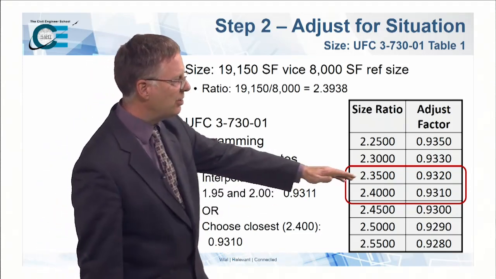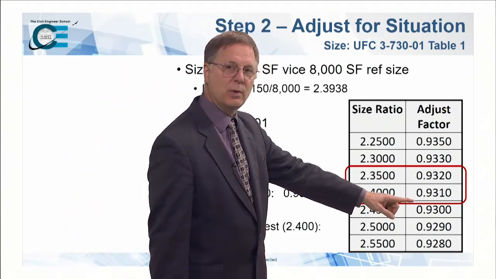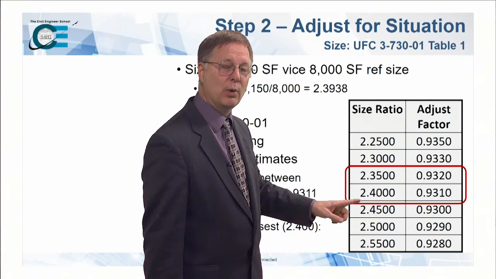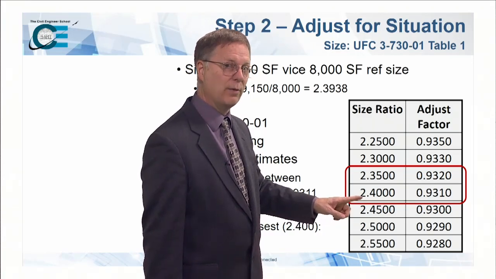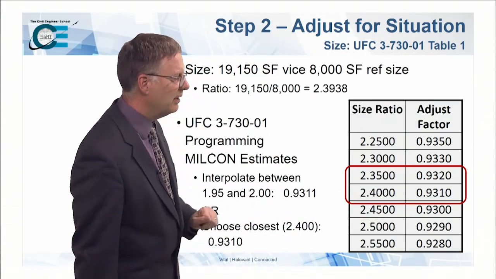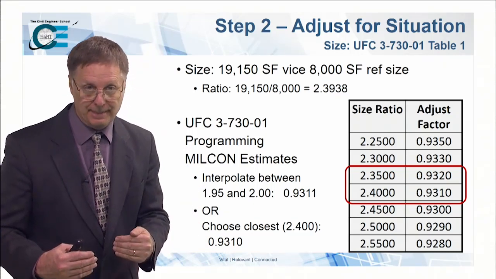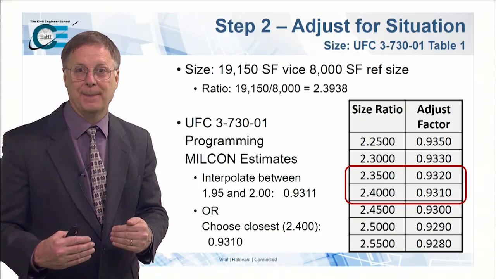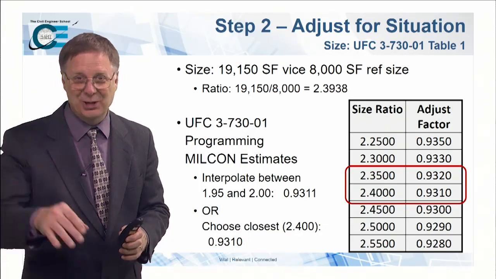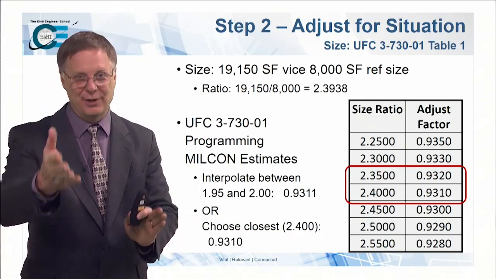So it's in between these two, and it's really close to this one right here, because obviously 2.3938 is real close to 2.4. So that's what the number would be if you interpolated. In this course, you're just going to choose the closest. Whew. All right, so no interpolation required for you folks.